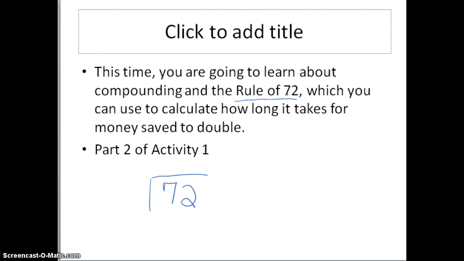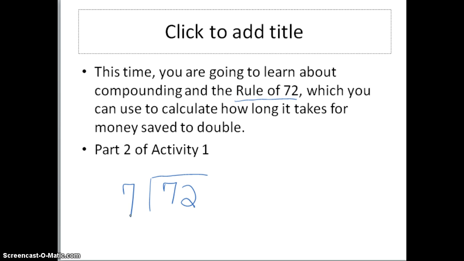So if I have a savings account that, let's say, has an interest earned of 7%, I would simply divide 72 by 7. For this, I do not have to convert the 7 to a decimal.